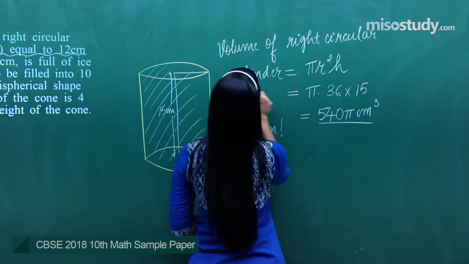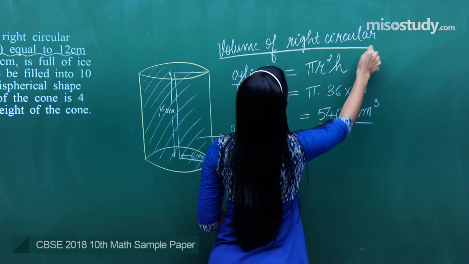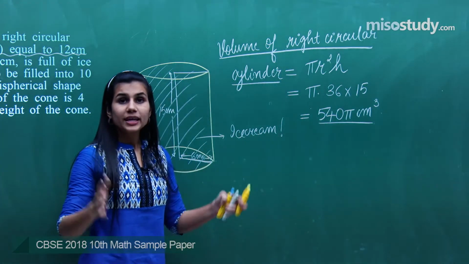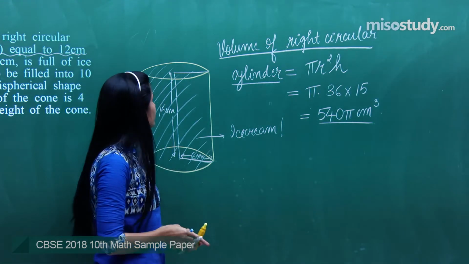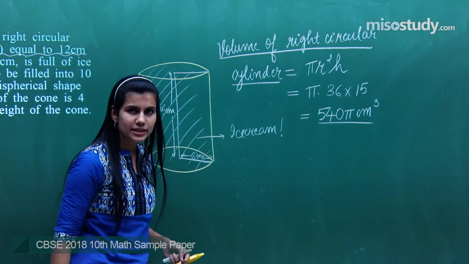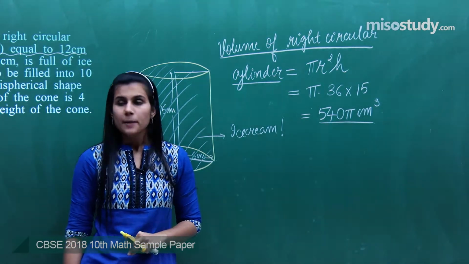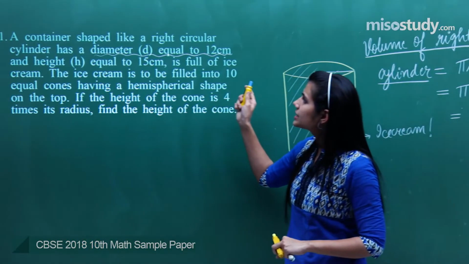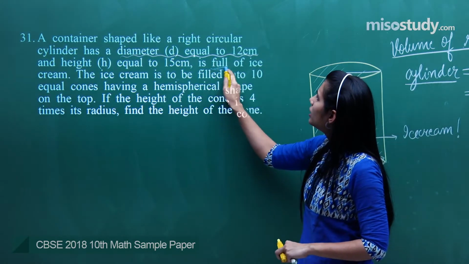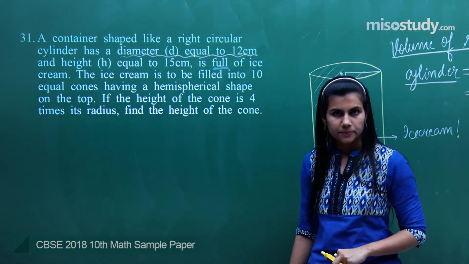This happens to be the volume of this right circular cylinder, or all the amount of ice cream which is kept inside this right circular cylinder is equal to its volume, because it is saying that the entire right circular cylinder is full. It is filled with ice cream.